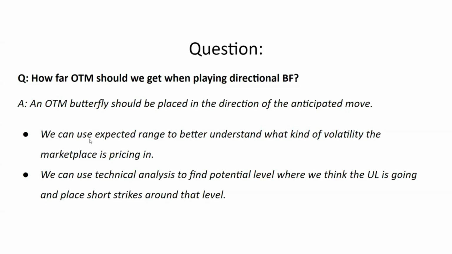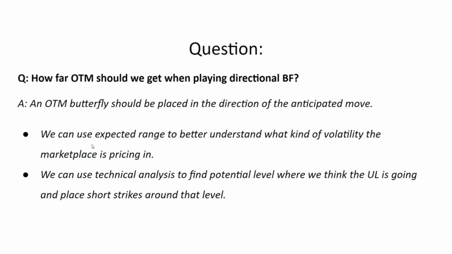Now we can use a couple of different ways to figure out how far out of the money we should play these butterflies. We can use an expected range to give us an idea of what is currently being priced in by the markets, and see if we can place our short strike somewhere around the expected range.